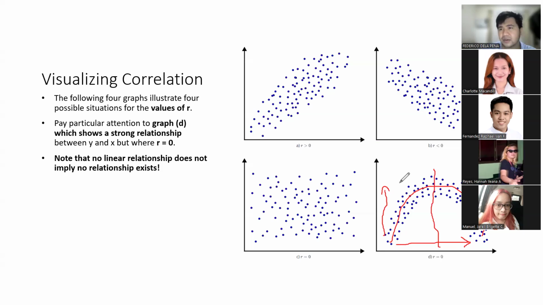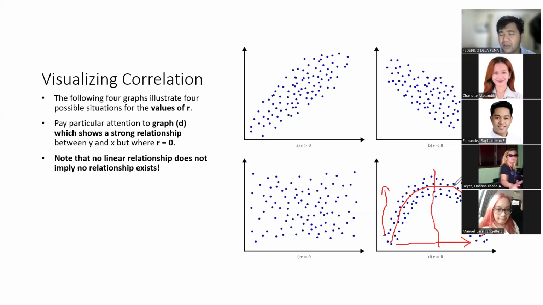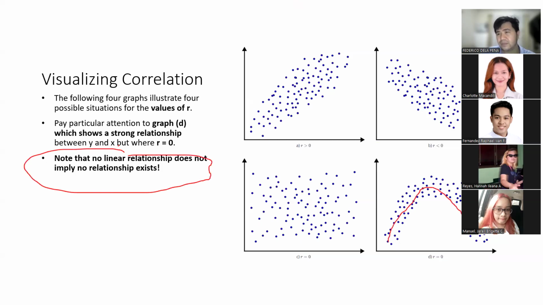Since the correlation coefficient only cares about the average values, these trends are simply canceling each other out, and the overall result is basically a 0 correlation or a 0 linear relationship. However, again, there is actually a relationship. It's just not linear. So that's one caveat or disclaimer when you're doing linear relationships.